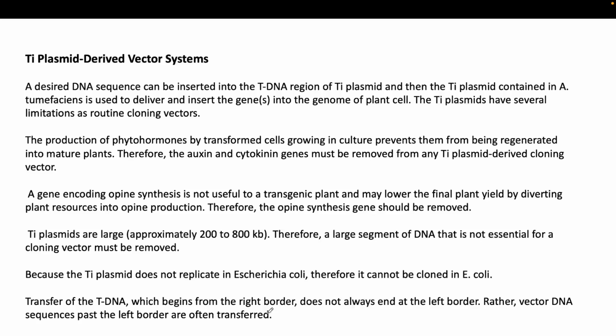So if it starts with the right border, it doesn't necessarily end with the left border; before that, the process can also happen. So this we can also remove when we are using this Ti plasmid as a vector system.